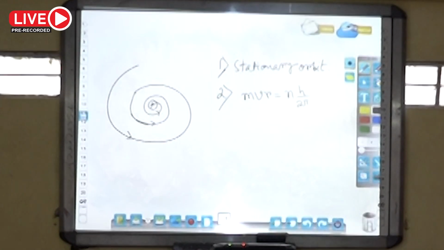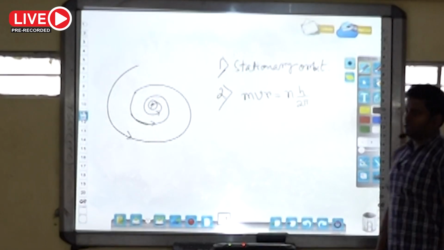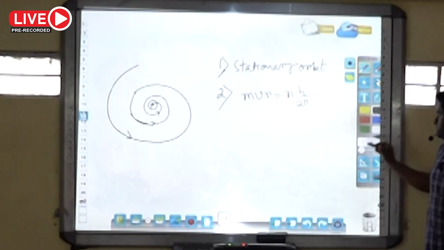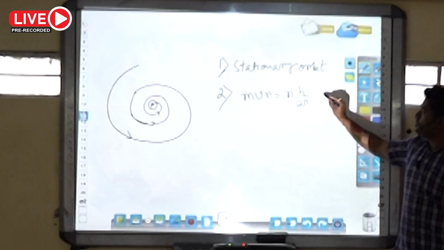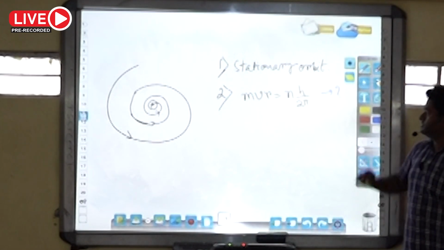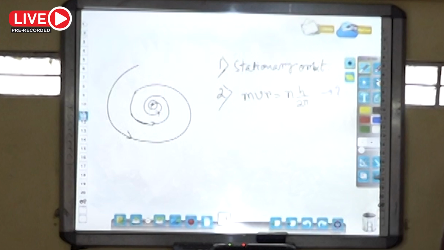Those are called stationary orbits. Now, the natural question comes: how did Bohr get this relation?